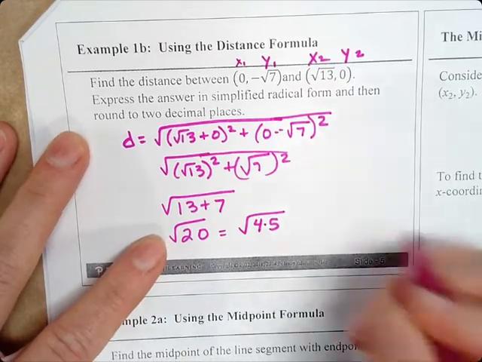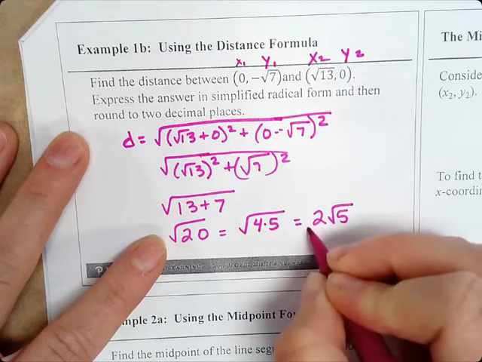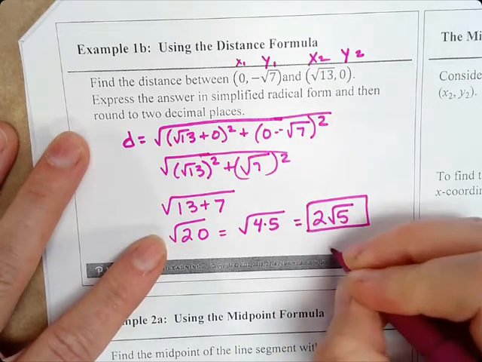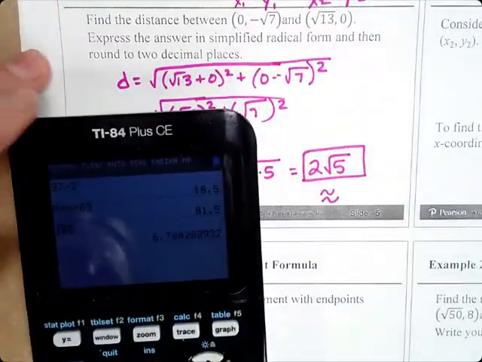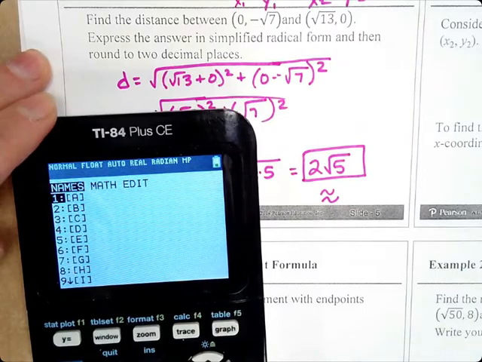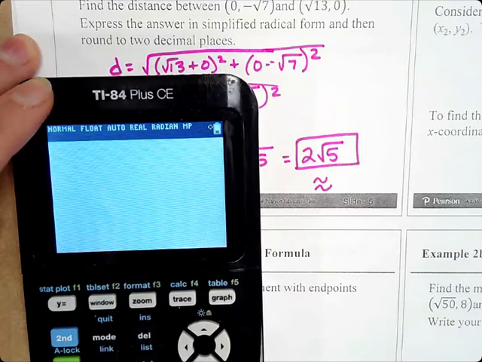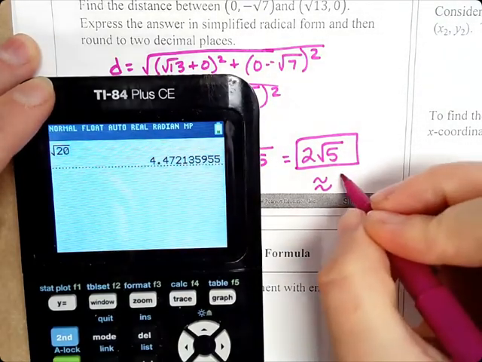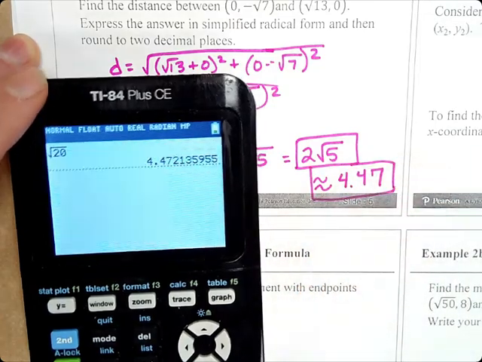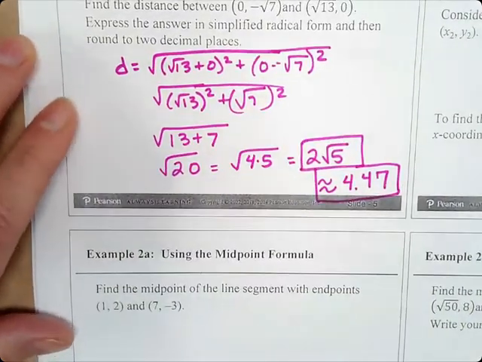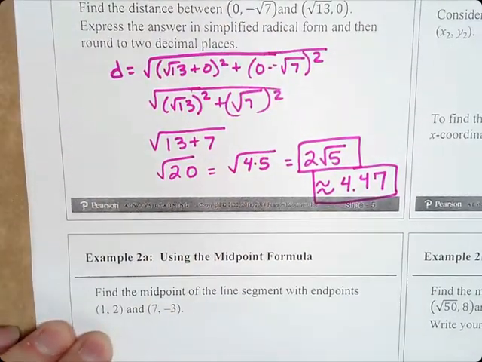So 5 times 4, the square root of 4 is 2. 2 square root of 5 is the exact answer. And then we also need the approximate, so 4.47. Okay, that is the distance formula.